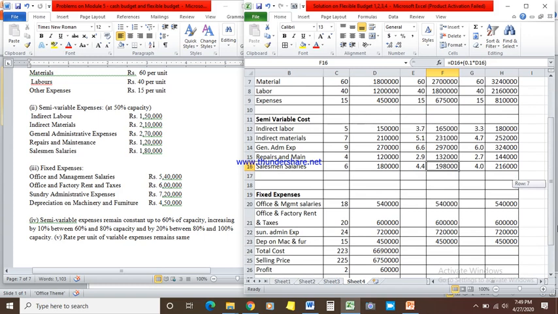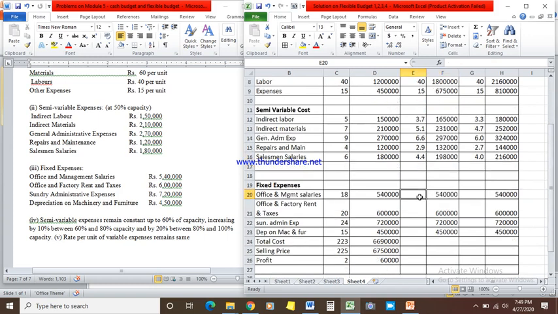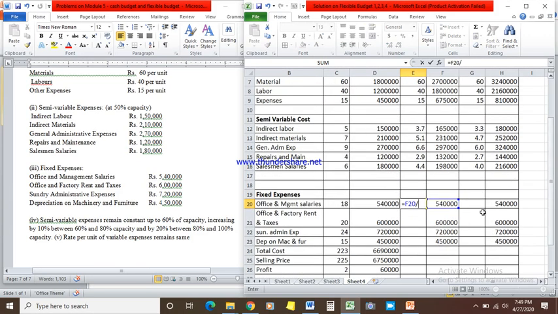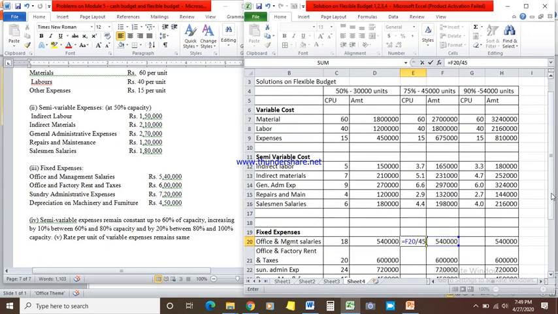Now how about the fixed cost? Fixed cost is going to remain the same. Total amount of fixed cost is going to remain the same, but per unit fixed cost is going to differ. So all these fixed costs need to be divided by the number of units. In this case, first, 5,40,000 divided by 45,000.